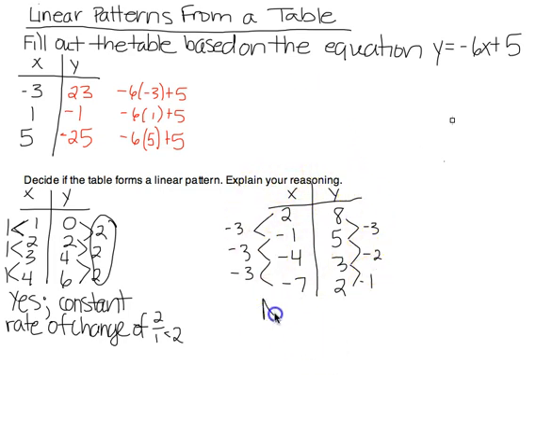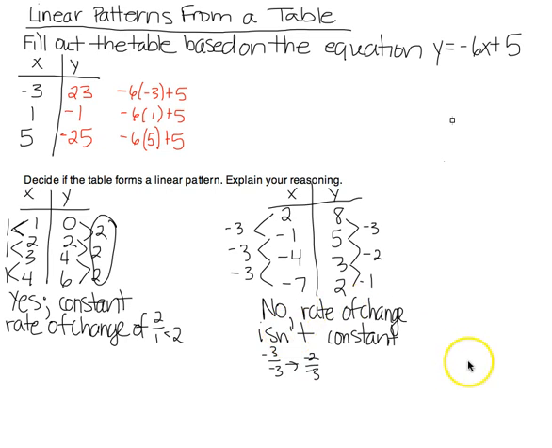So this one would be no. And I would just simply say the rate of change isn't constant because we've gone from having -3 over -3 to -2 over -3 to -1 over -3. So they're not the same, which is not what we would want here.